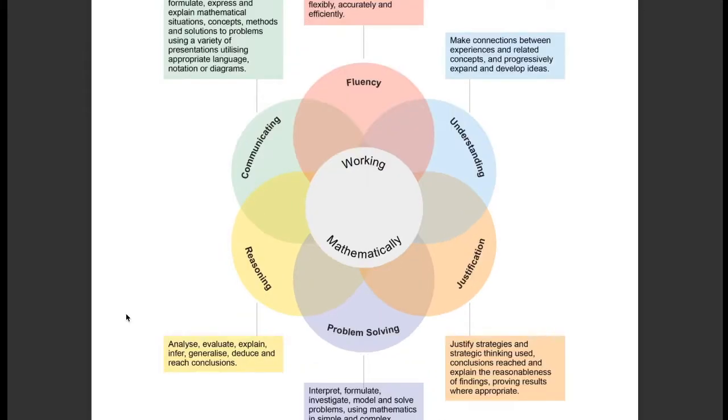Understanding. Make connections between experiences and related concepts, and progressively expand and develop ideas. So this is building upon fluency, where we will look to combine multiple topics in our solutions. For example, you might have a question on vectors, but you will need to apply your knowledge of trigonometric equations in order to solve it.